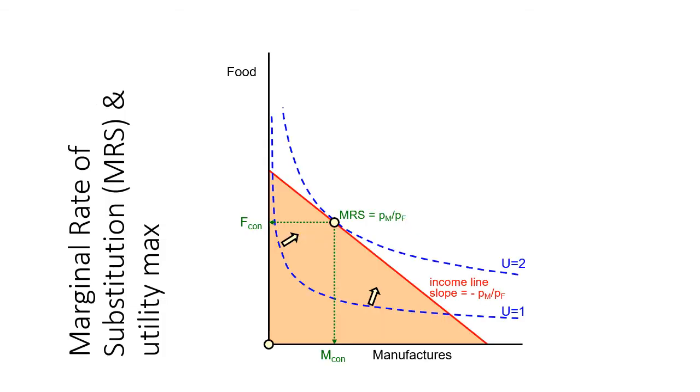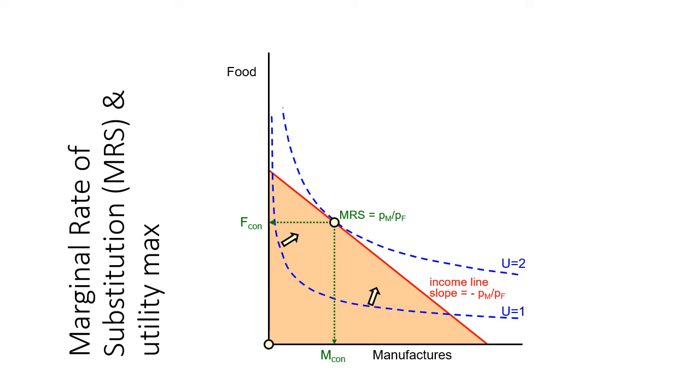When we deal with consumer maximization, or utility maximization, we're looking at what utility is appropriate for a fixed income. In our case, the income line, or budget line in a sense, is the red line. It gives us the relationship of prices: its slope is the price of manufactures divided by the price of food.